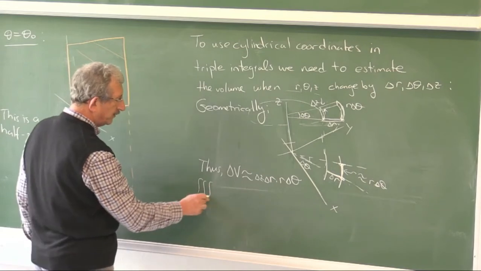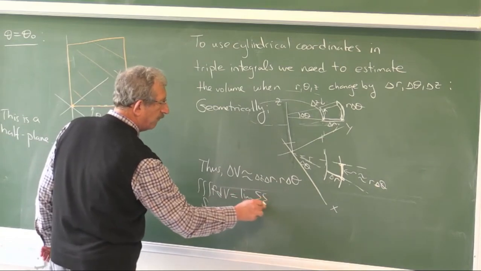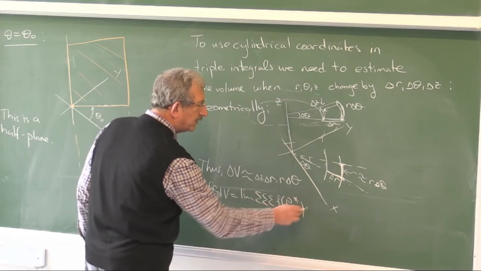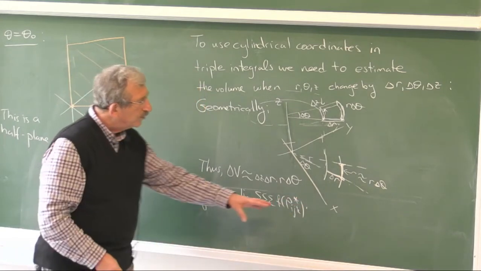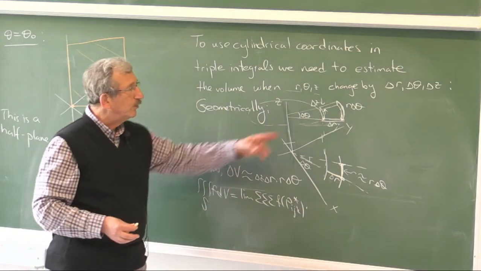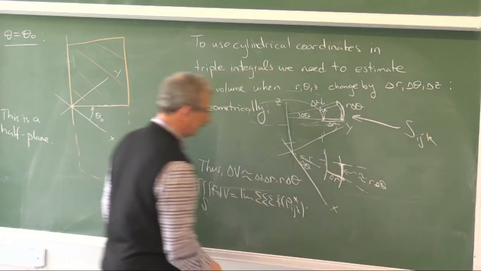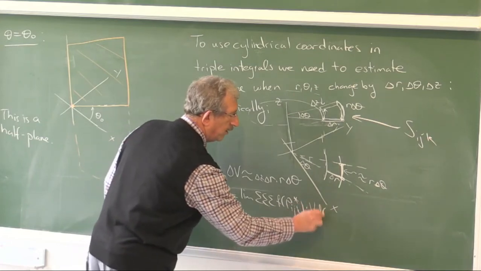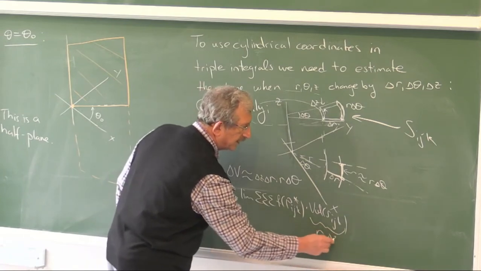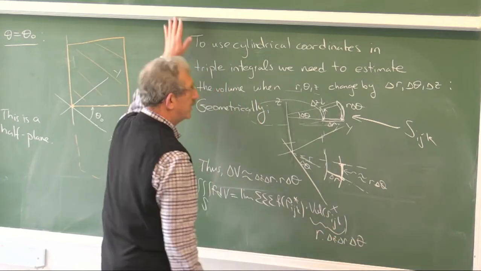So the triple integral over S of f dV, which is the limit of the sum of f at p_ijk times, now normally as volumes we would use rectangular boxes, but here we will use these pieces. Let me call this S_ijk, which happens to be r delta Z, delta R, delta theta.